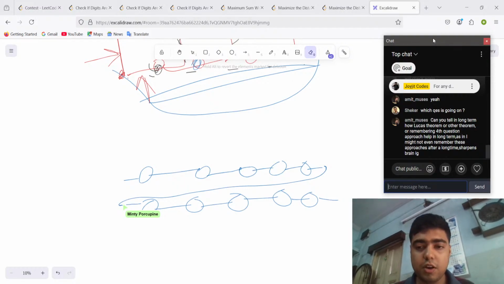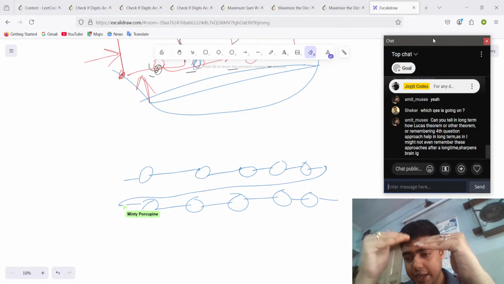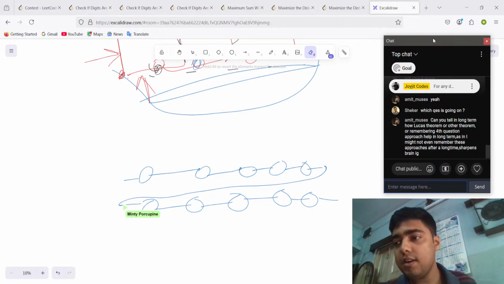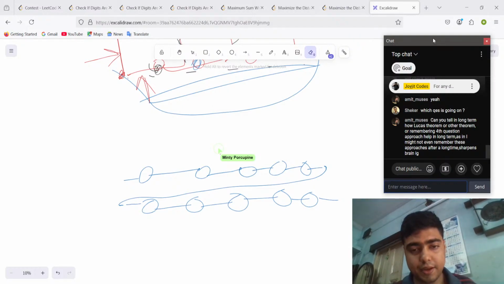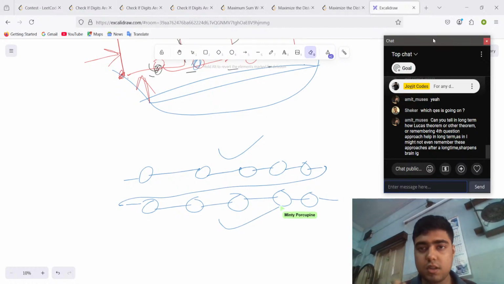So what we are doing is sorting it first, then duplicating it, making two parts, and then connecting the duplicates. Clear? Is it clear?